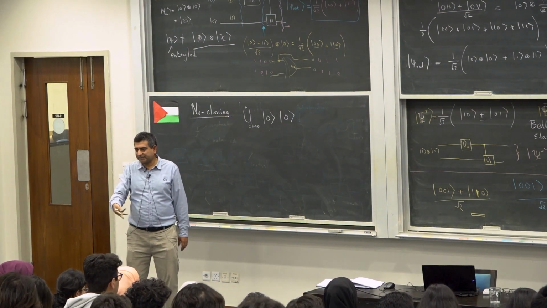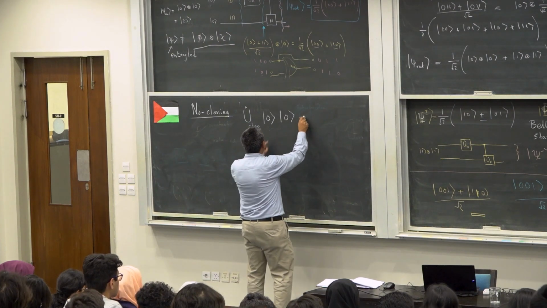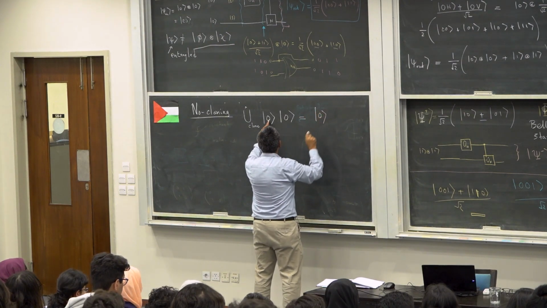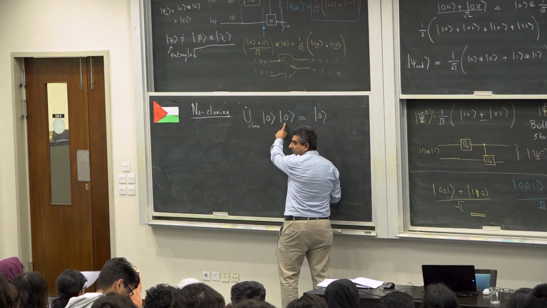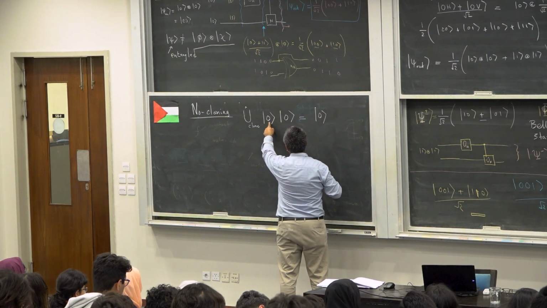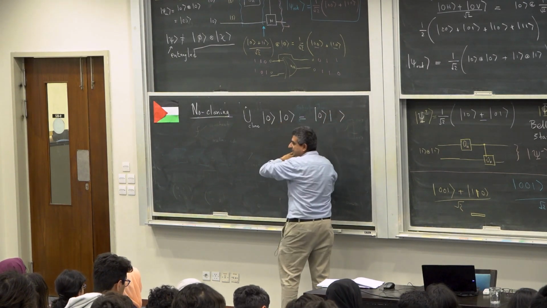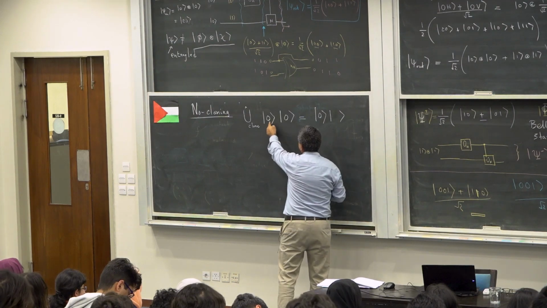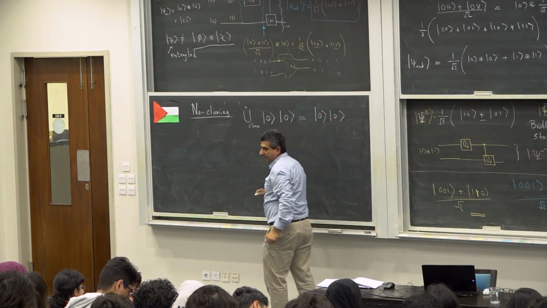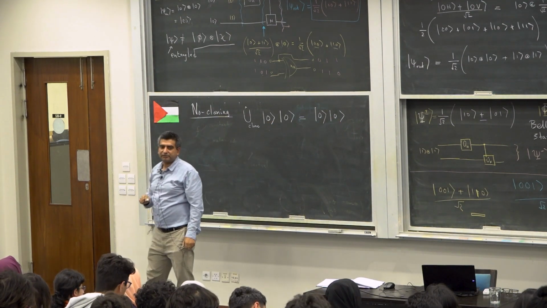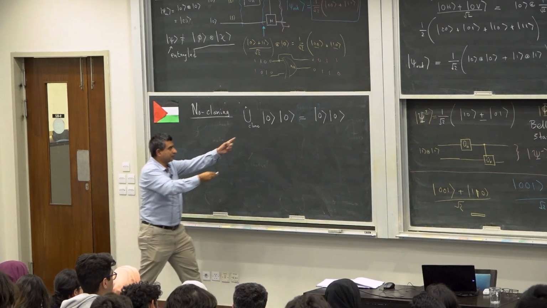So if such a U exists, what this would do is take this piece of information and copy it to the second qubit. The second qubit is just scratch, and I can take this information and put it into the second qubit. So this is what the cloner would do onto this input state.